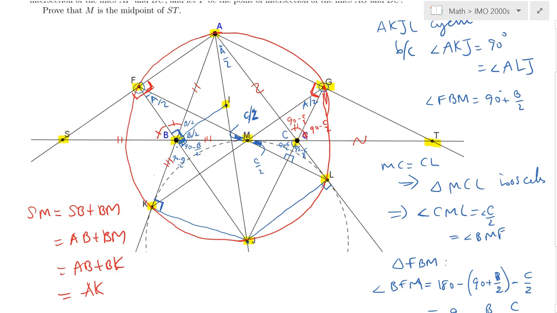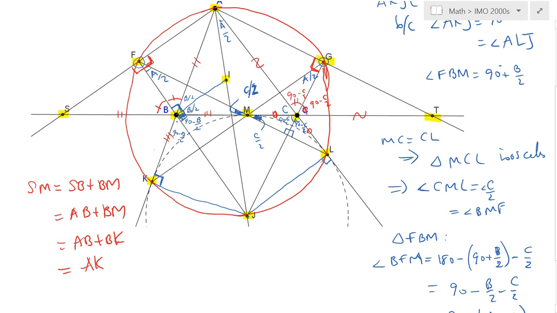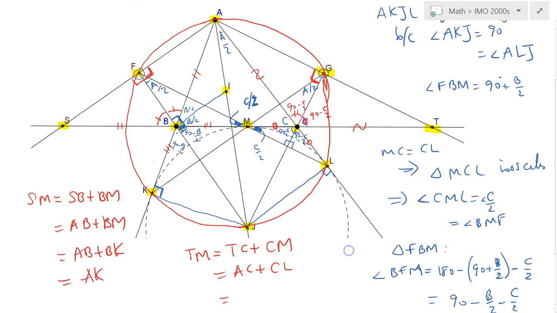And in a similar way, CM by equal tangents is equal to CL as well. So by the same token, I should be able to express TM in the following way. TM is simply equal to TC plus CM. Replace TC with AC and replace CM with CL. But that simply implies TM is simply equal to AL.